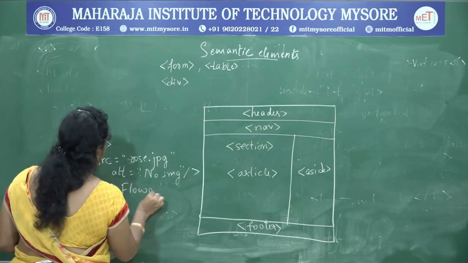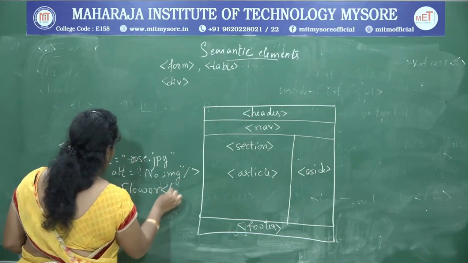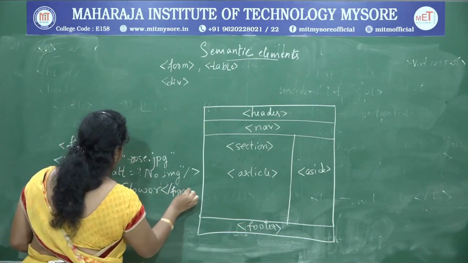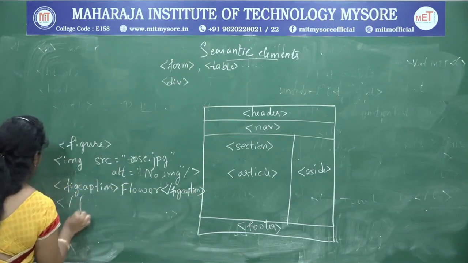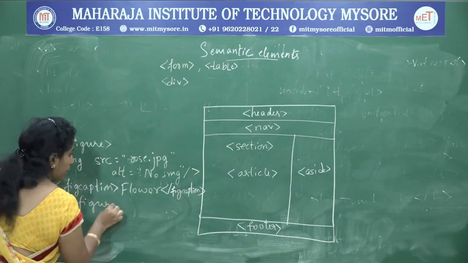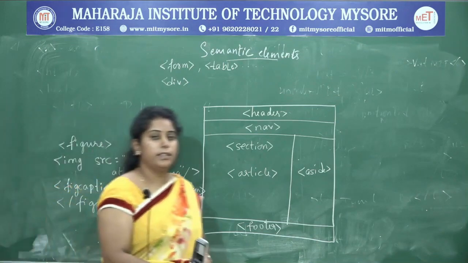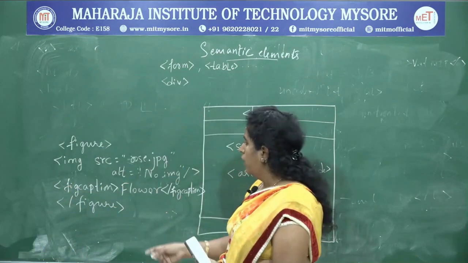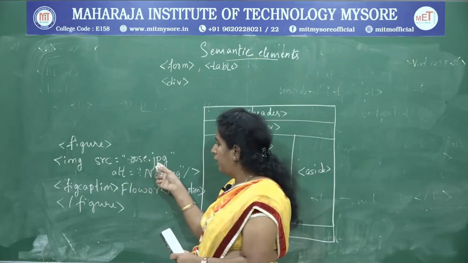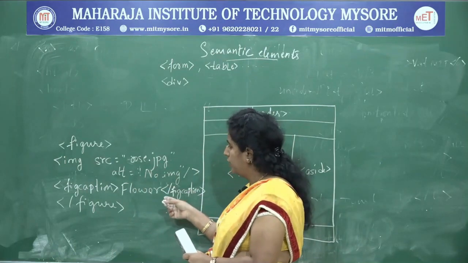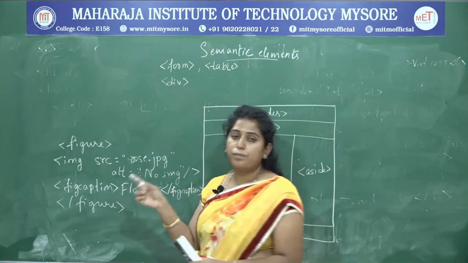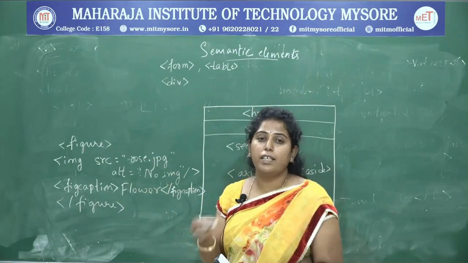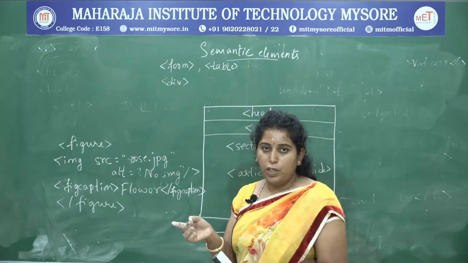I am using a caption called flower, then end the figcaption. Also end the figure tag. Yes. So now after displaying this image, its caption will be flower. So the figcaption is a tag used for giving the caption to an image.